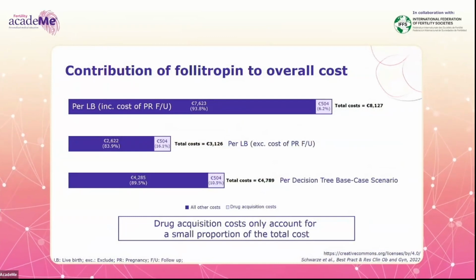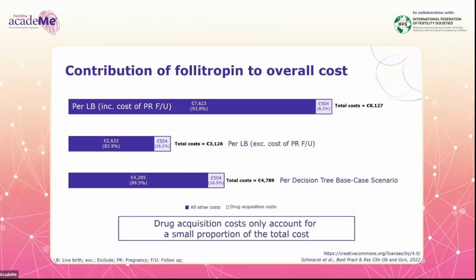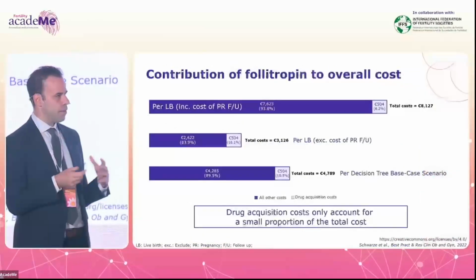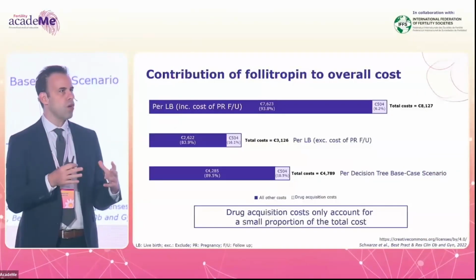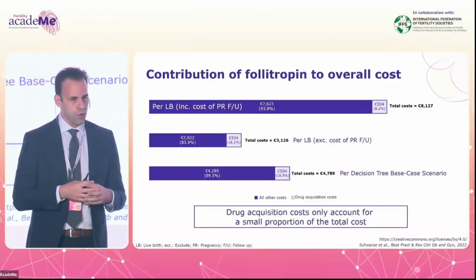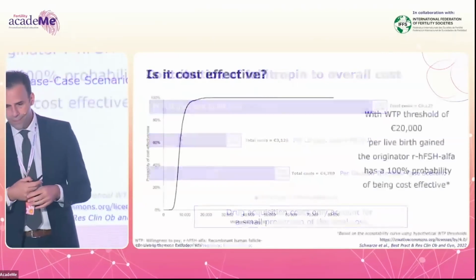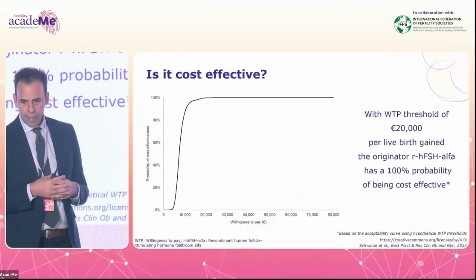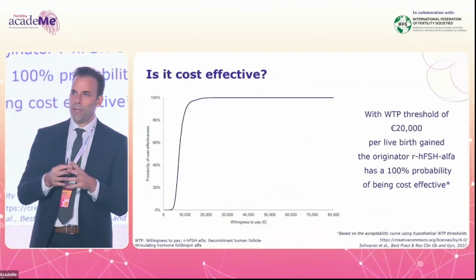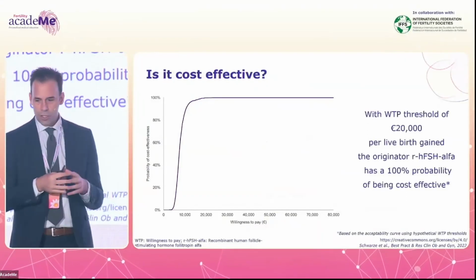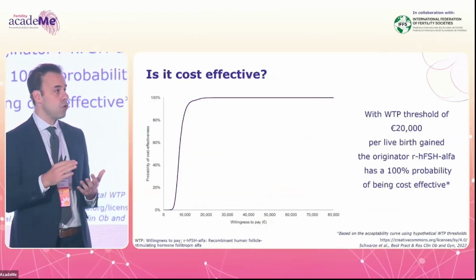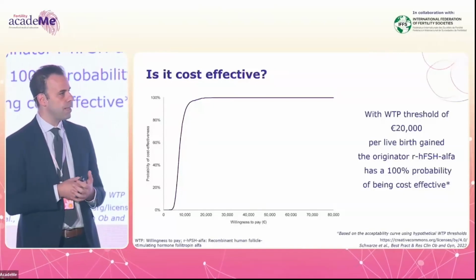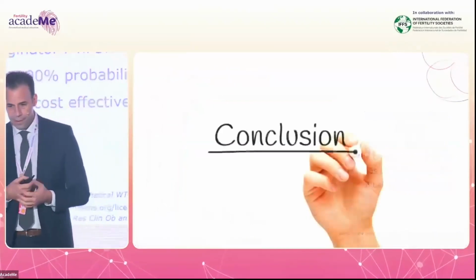Therefore, probably contrary to most clinicians' and patients' belief, the impact of what type of gonadotropins you choose on the cost of having a baby is very limited. And we also did the cost effectiveness acceptability curves, and assuming a willingness to pay threshold of about 20,000, we very quickly saw that the originator product of follitropin alpha had almost 100% probability of being cost effective.